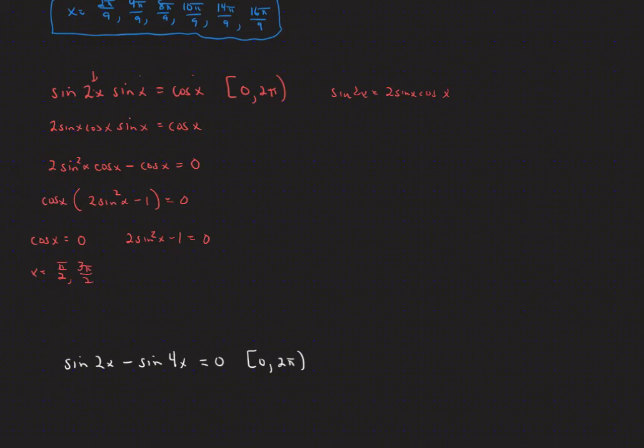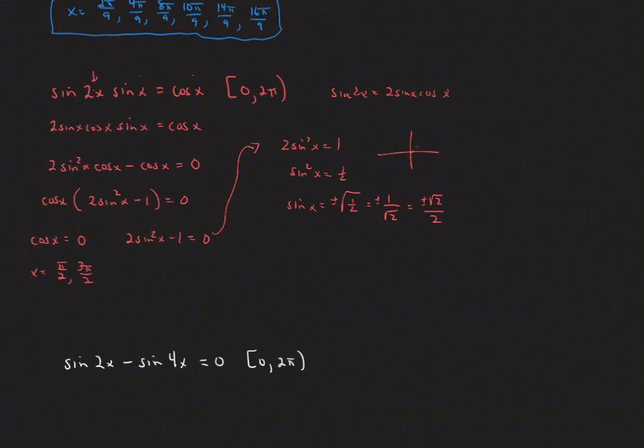Now we need to do a little more work, so I'm going to come up here, and we can add that 1 to the right side, divide by 2, take the square root of both sides, which means we want the positive and negative square root of 1/2. We can split that up and go square root of 1 over square root of 2, and rationalize that to get a positive or negative square root of 2 over 2.